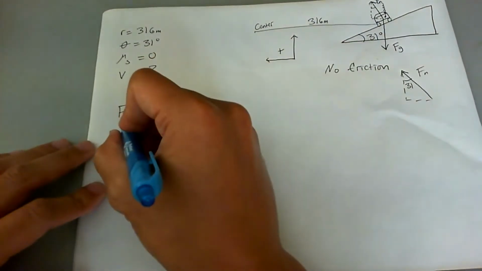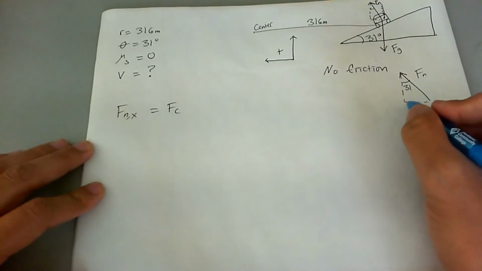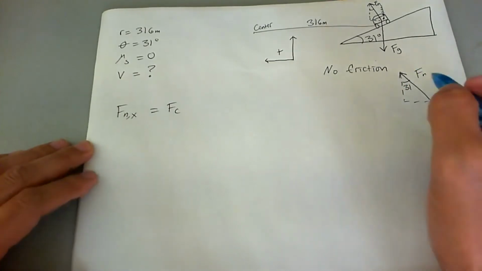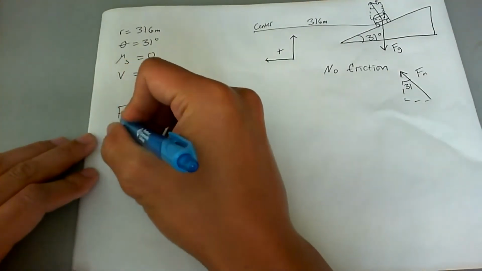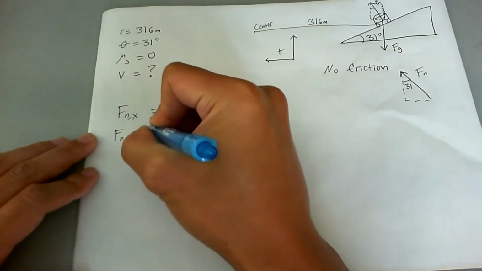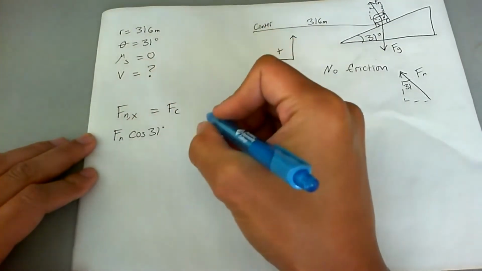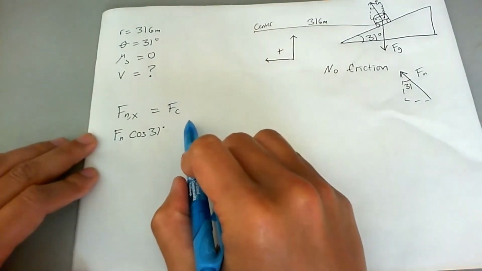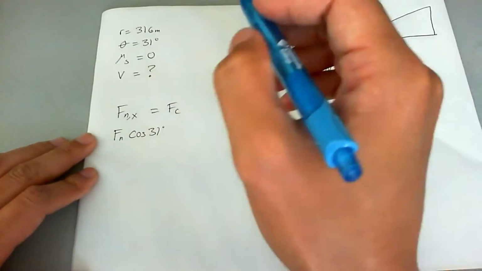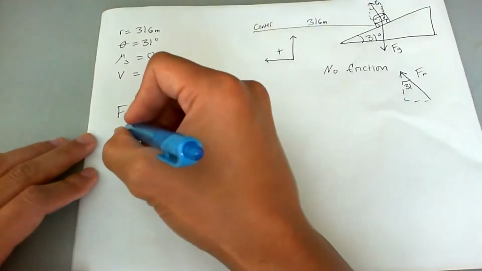So the x component will be a cosine function of the normal force. We're going to say that the x component of the normal force is the normal force times cosine of 31 degrees. Oh, I'm sorry, it's the sine component because it's opposite.